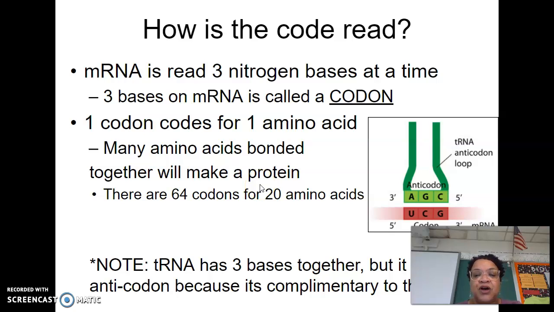We have 64 codons and 20 amino acids. I'm going to go over the chart with you. So this is tRNA, right? tRNA is called the anticodon. This one is the messenger RNA, the red one, that's the codon. 3 consecutive bases.